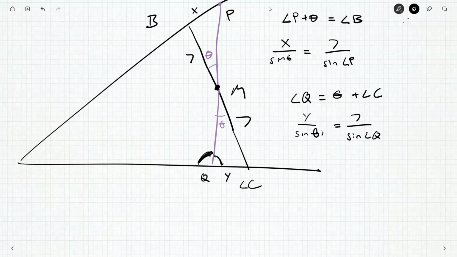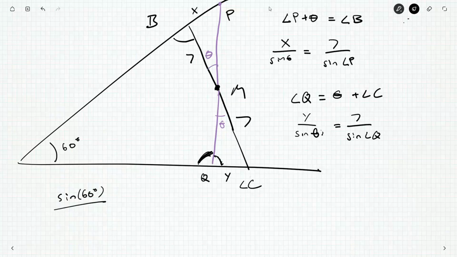All this stuff is going to be set up, but now I'm thinking the only way I can think to get sine at B, or to talk about the angle at B, would be to use the sine law, because I know we got sine 60 down here. So sine 60 degrees over 14 is the same as sine angle at B over 16, which is the same as sine angle at C over 10.